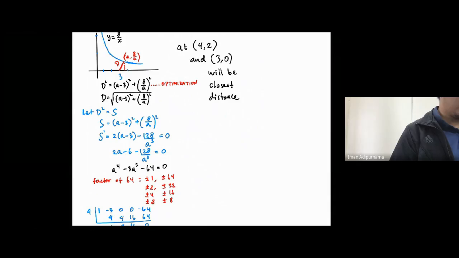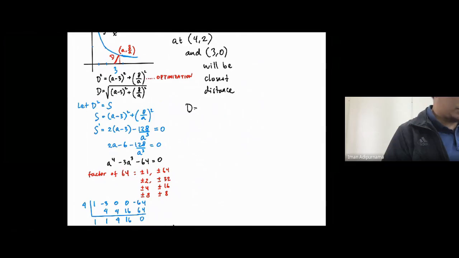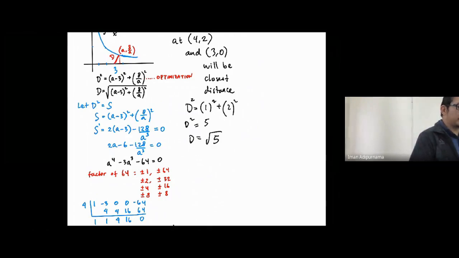And you can check the D will be 4 minus 3 is 1, plus 4, 8, 4, 2 squared. So 1 plus 4 is 5. So D is 5, square root of 5.